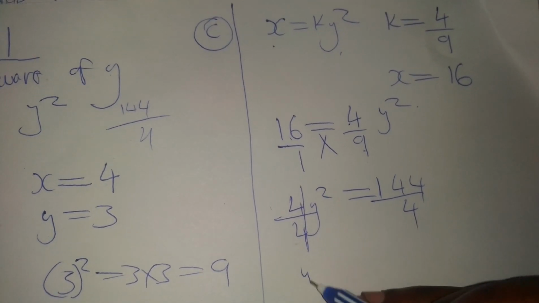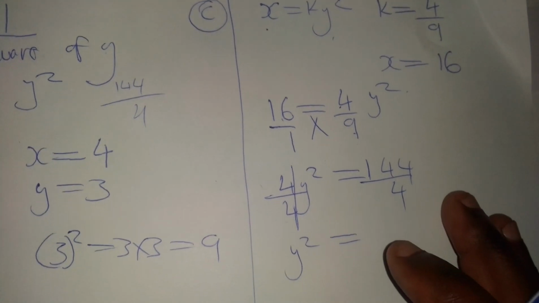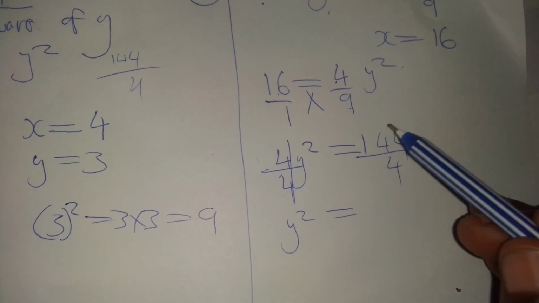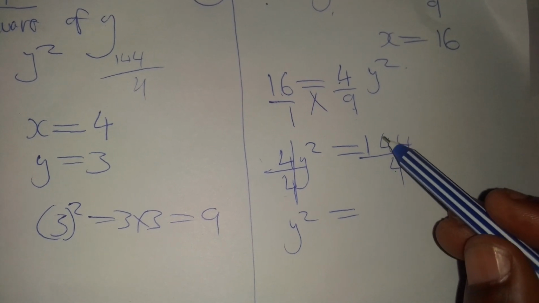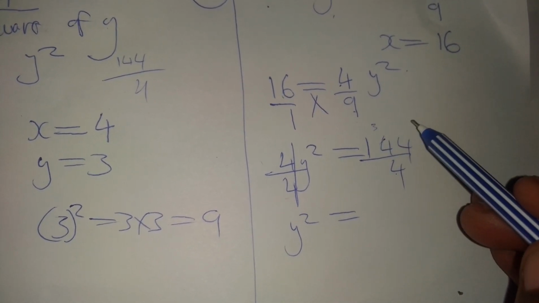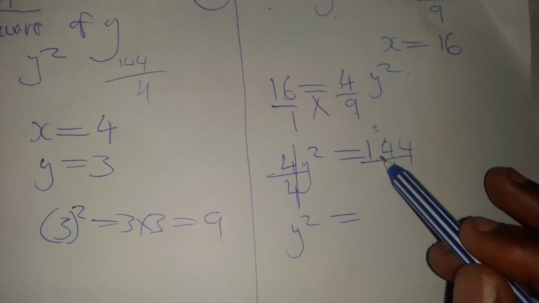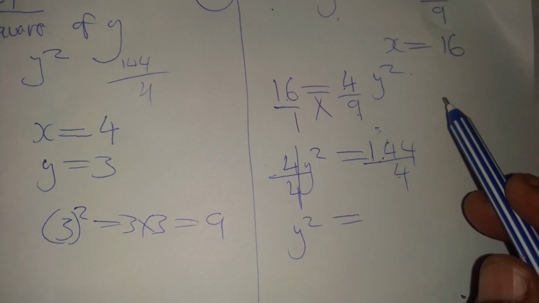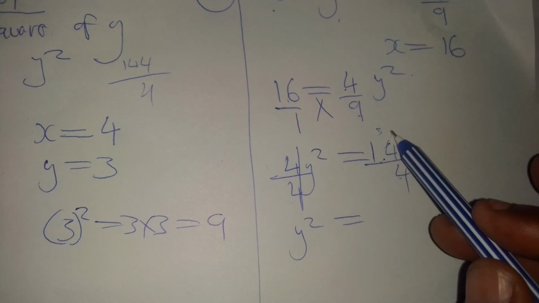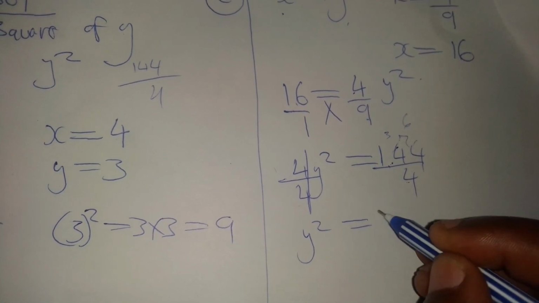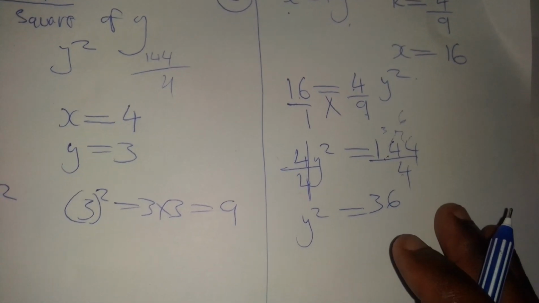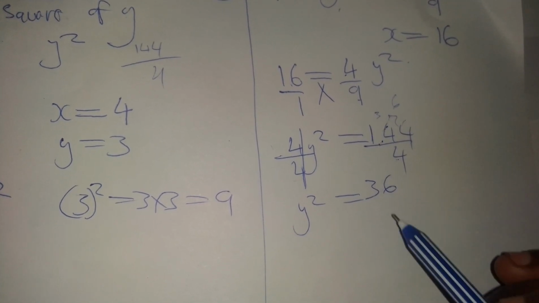You cancel them. Y squared equals 4 into 144. So 4 into 14, that is 3, that is 12, remainder 2, then 6. We get 36. So 4 into 144 is 36.